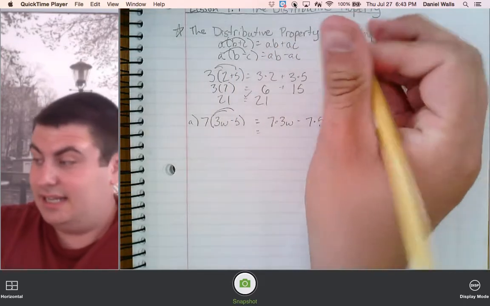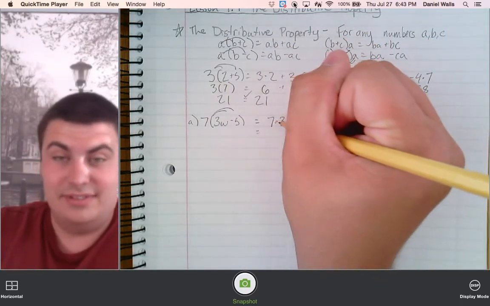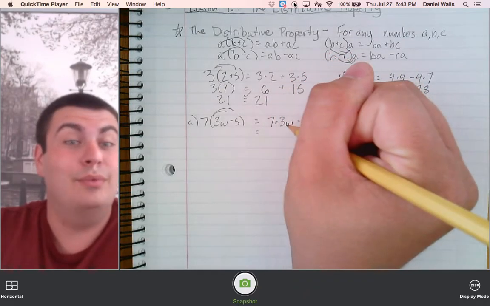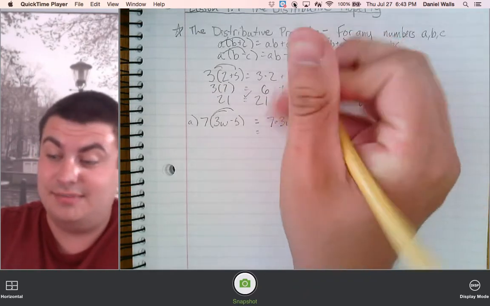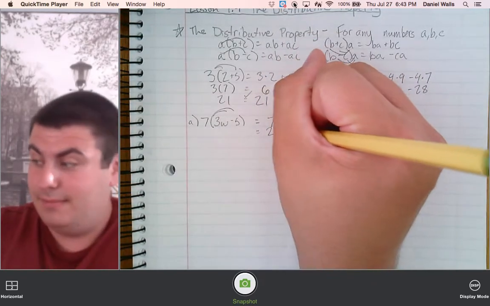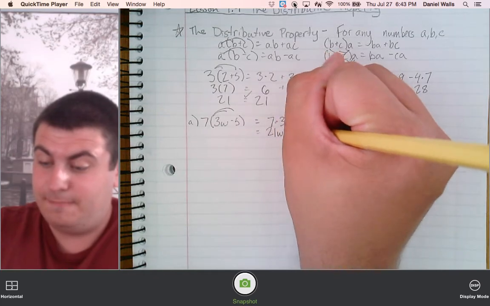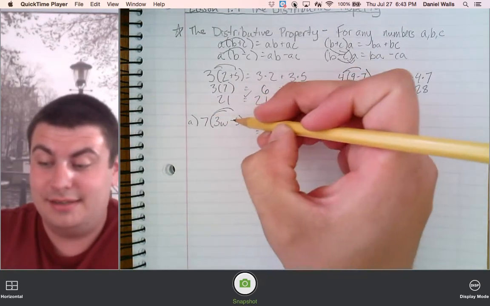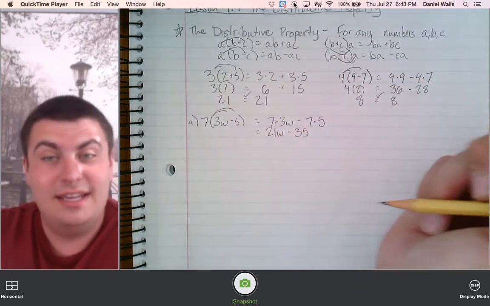We only multiply the coefficients, what looks like each other. So 7 times 3 is 21, with the w, minus 35.